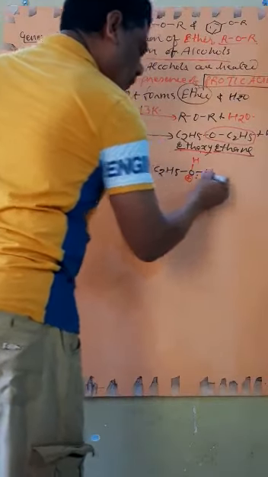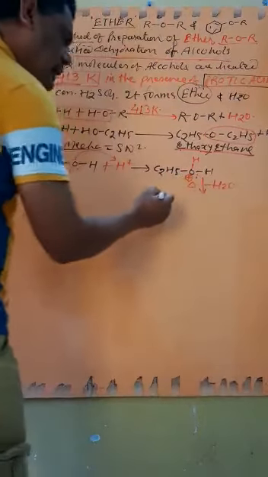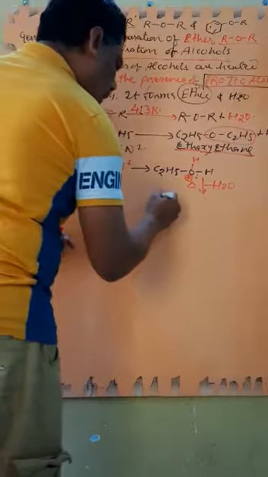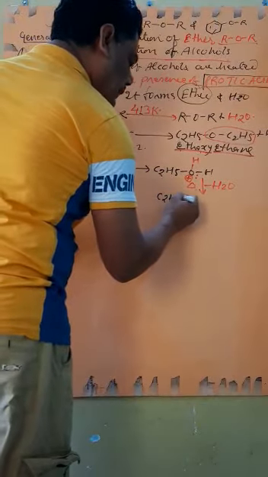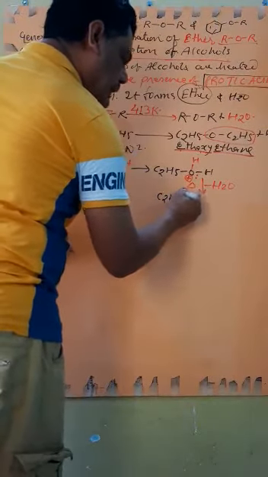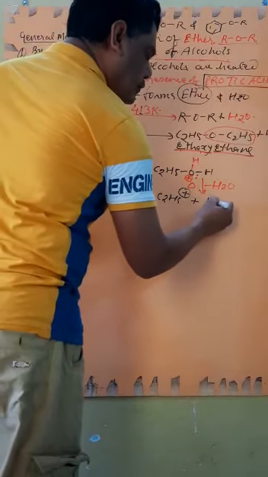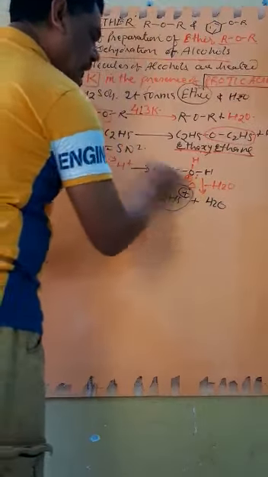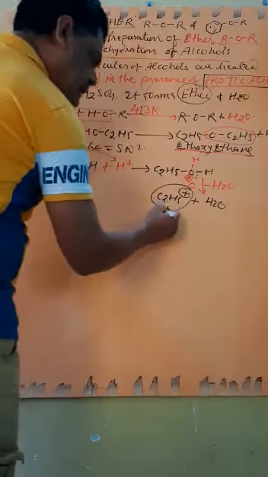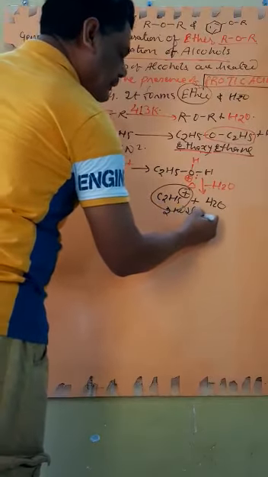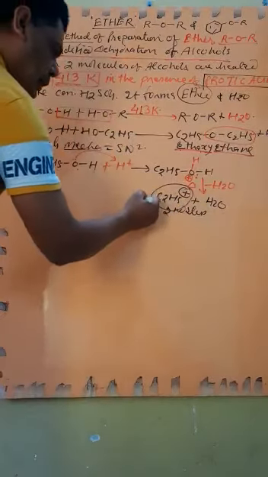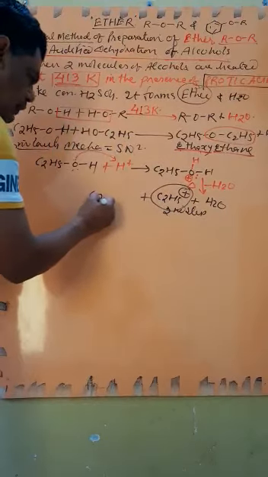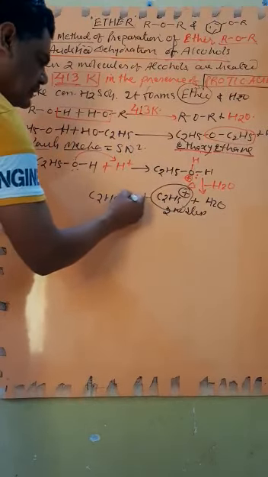After that, on heating, one of the water molecule will eliminate, forming carbocation C2H5 plus H2O. Now these become reactive species. In the second step, now this nucleophilic attack will take place.